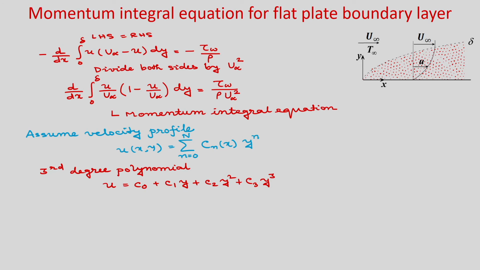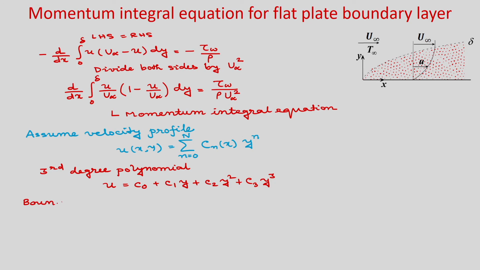So, that means at y is equal to delta, del u by del y is equal to 0. So, these 3 boundary conditions you got easily. So, we need another boundary condition. Now, the fourth boundary condition we will derive by satisfying the Navier-Stokes equation or the boundary layer equation at the wall.